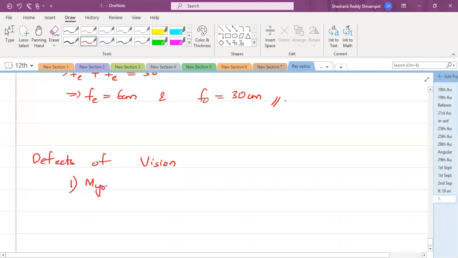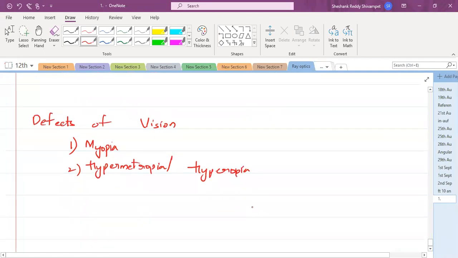Myopia, hypermetropia, I think also called hyperopia, right? Something like that. Then you have presbyopia, right? Then एक और भी होगा. What is that? Astigmatism, right?